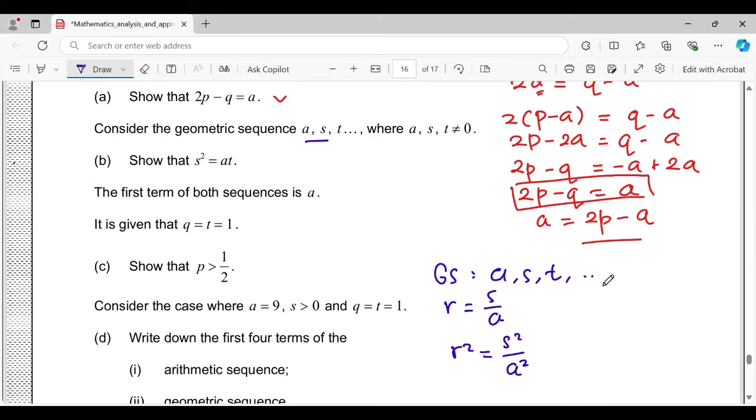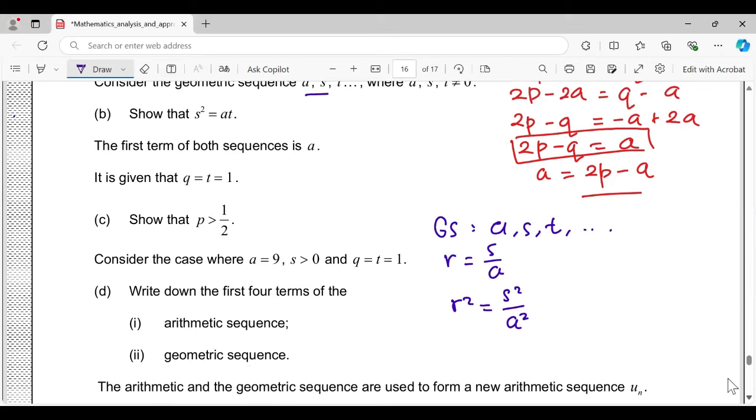Let's say that we are going to prove this equation: r squared equals t over a.